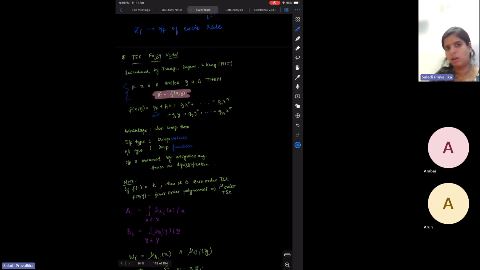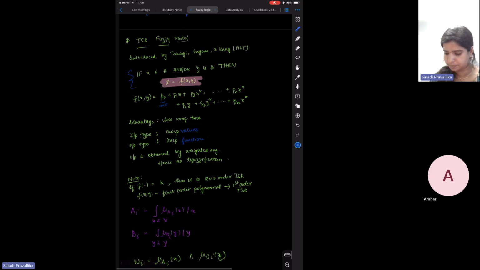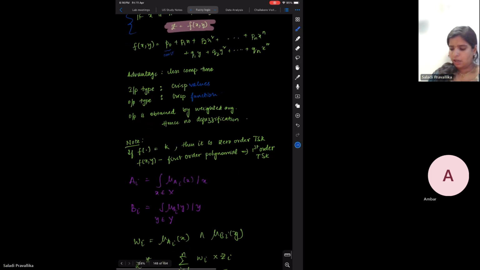Take all of them, draw a table, and differentiate among all these four in terms of the way they take the inputs, the way they give the outputs, whether defuzzification is included or not, and all the things like that, so that you will have all of these in mind. And for this also, the output is obtained by using a weighted average, just like the Tsukamoto fuzzy model. Hence there is no defuzzification since we are getting a crisp value as an output.